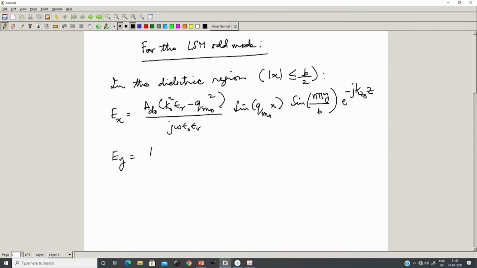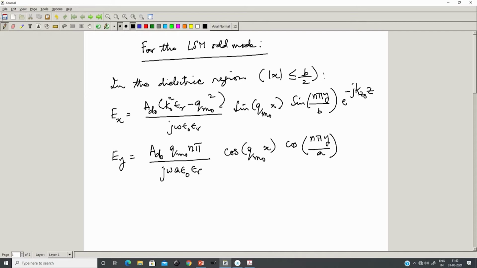E y is given by A d 0 q m o n pi by j omega a epsilon naught epsilon r cos q m o x cos n pi y by a. Sorry, there is a small error.